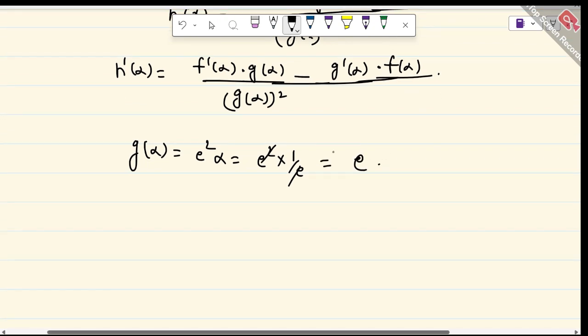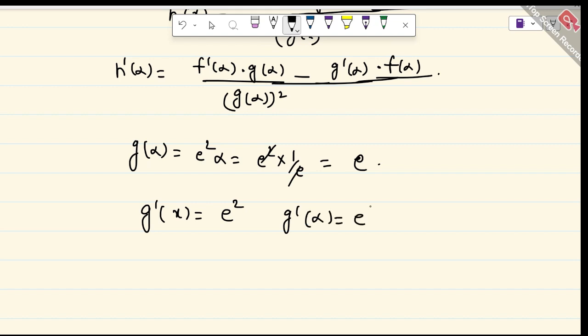Now g'(x) is equal to e², and g'(α) is equal to e².